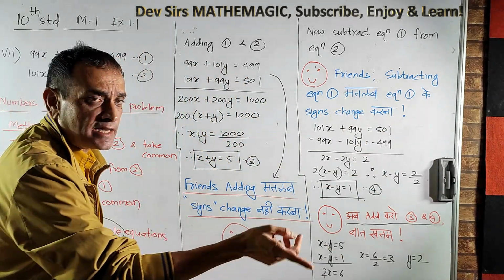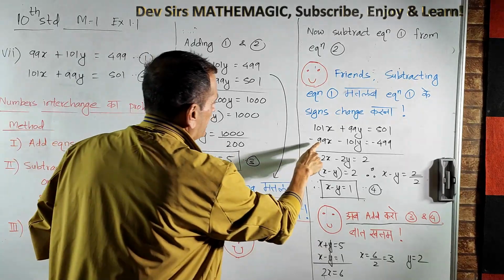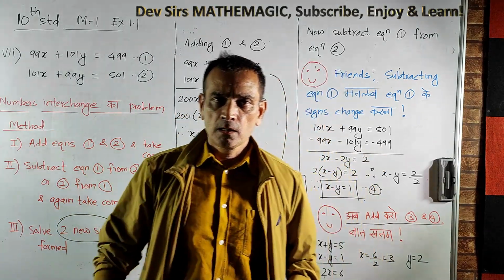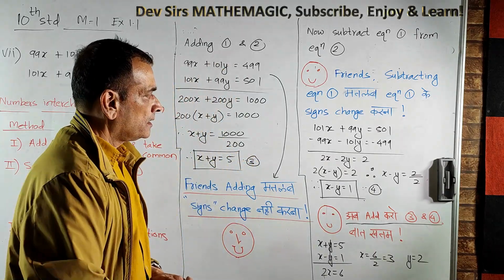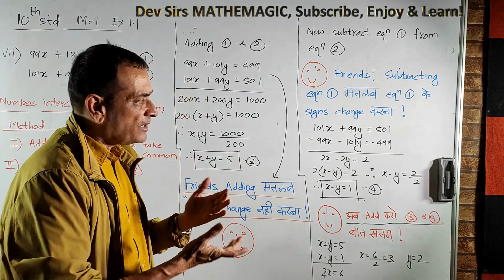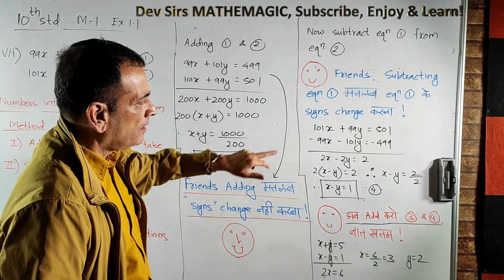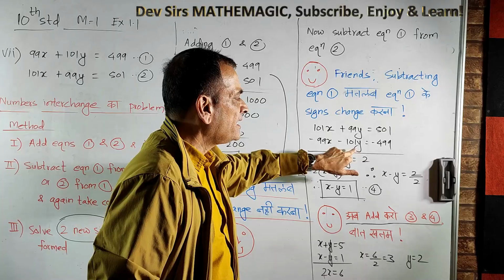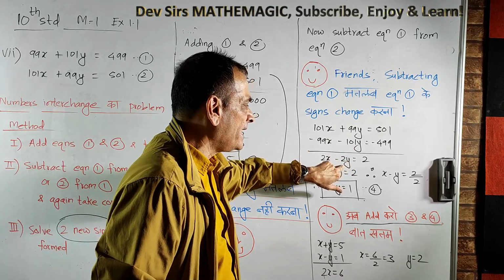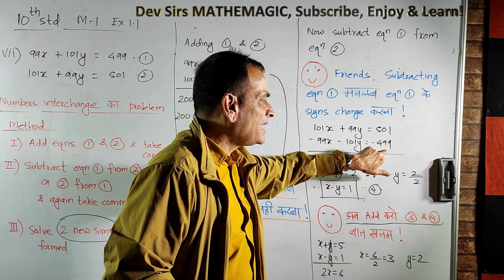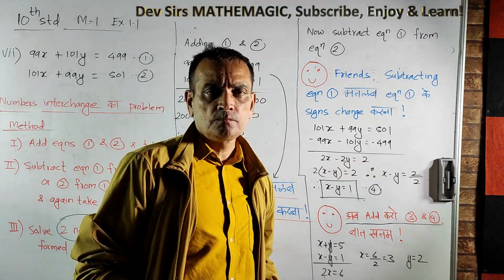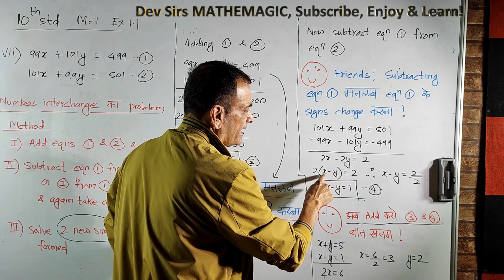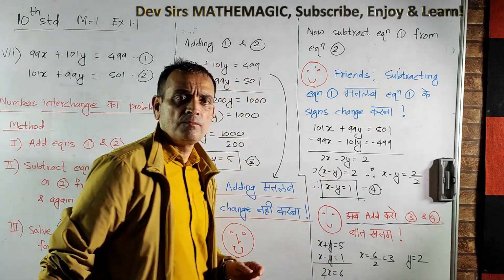So change the signs of equation 1: minus 99x minus 100y equal to minus 499. Okay? So now subtract. 101 minus 99 is 2x. 99 minus 101 is minus 2y. 501 minus 499 is 2. Take 2 common. What will come in the bracket? x minus y.